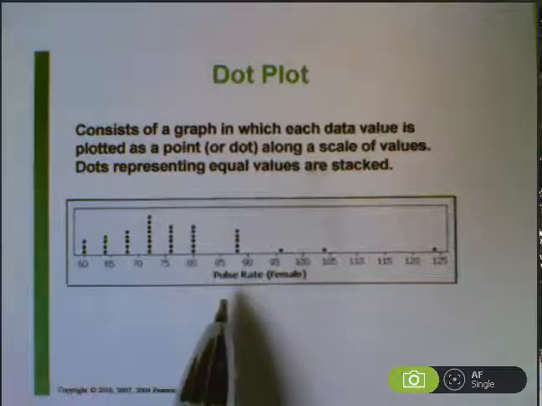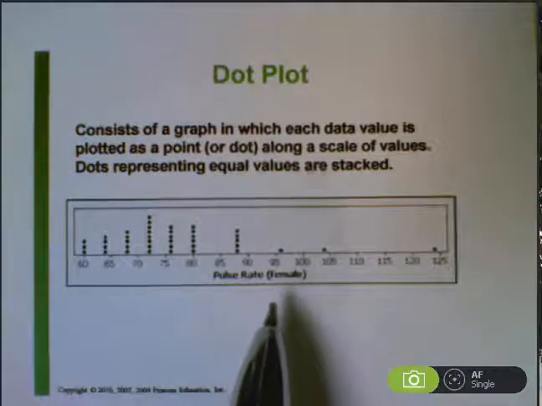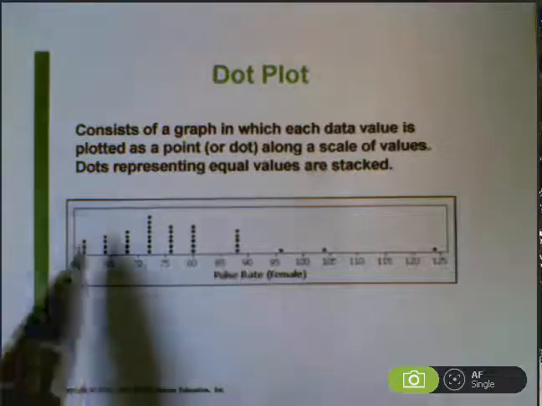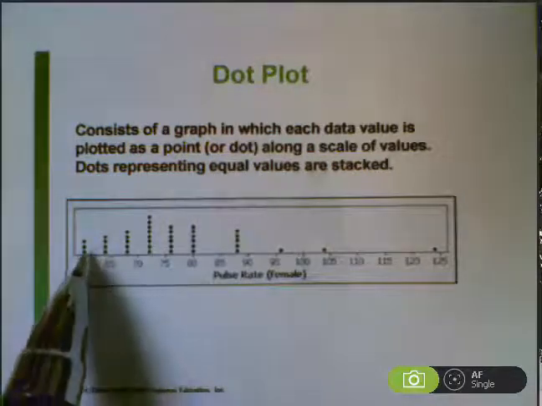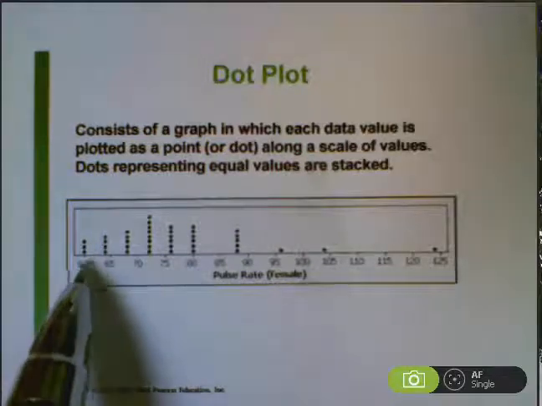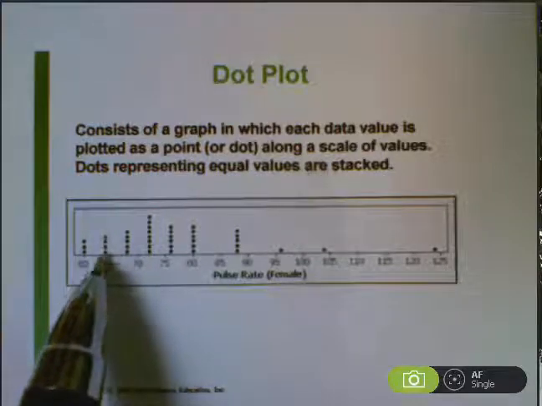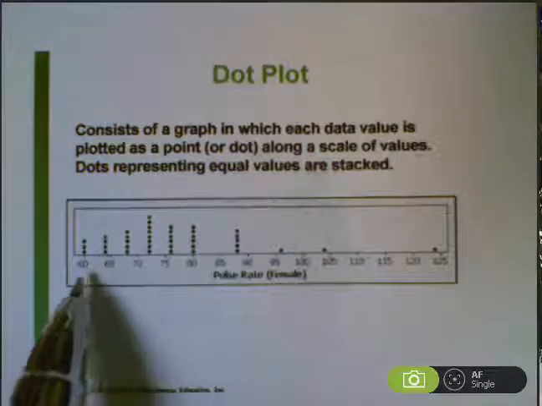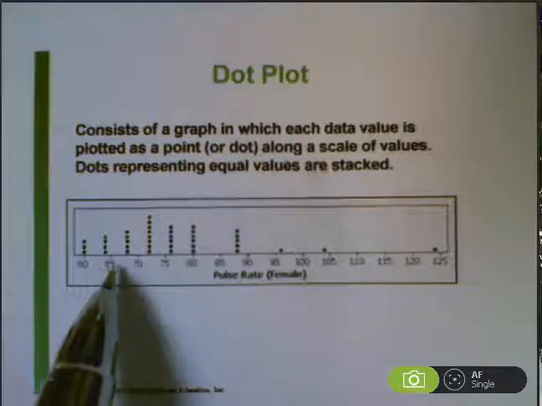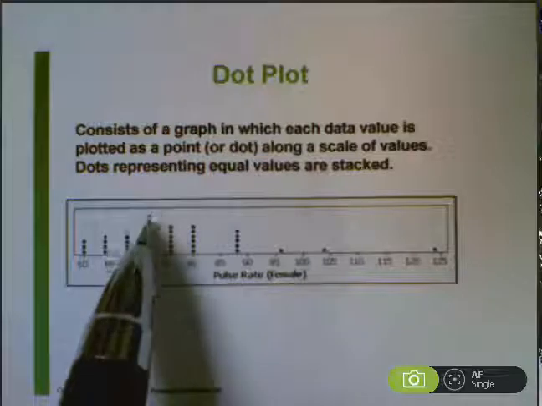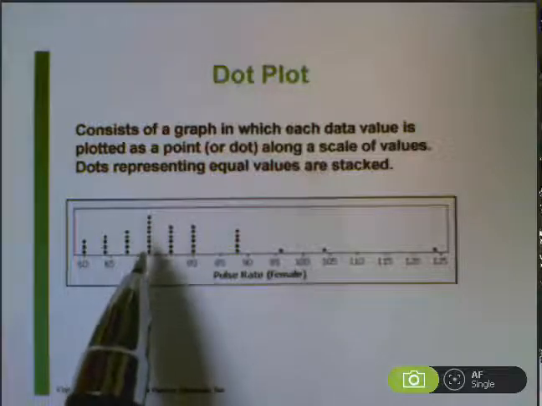If I was going through that original data, every time I came across a woman who had a pulse rate of 60, I would put a dot above that 60. So it looks like there were 3 women who had pulse rates of 60. There were 4 women who had pulse rates, maybe that's about 64. Looks like there were more women who had pulse rates of about 72 than any other pulse rate.